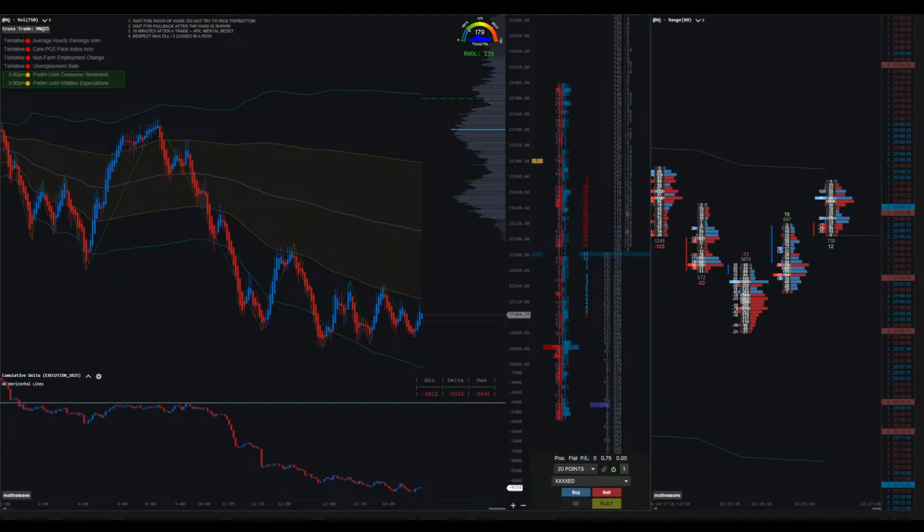So, we have 3 minutes until the open. I'm gonna wait for it to develop a little bit. I'm going to have a look at what's happening in the cumulative delta. Let's see.